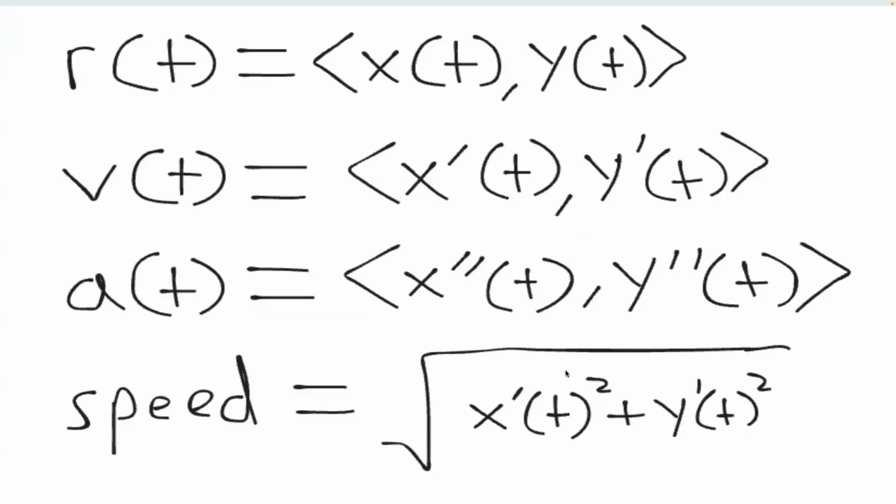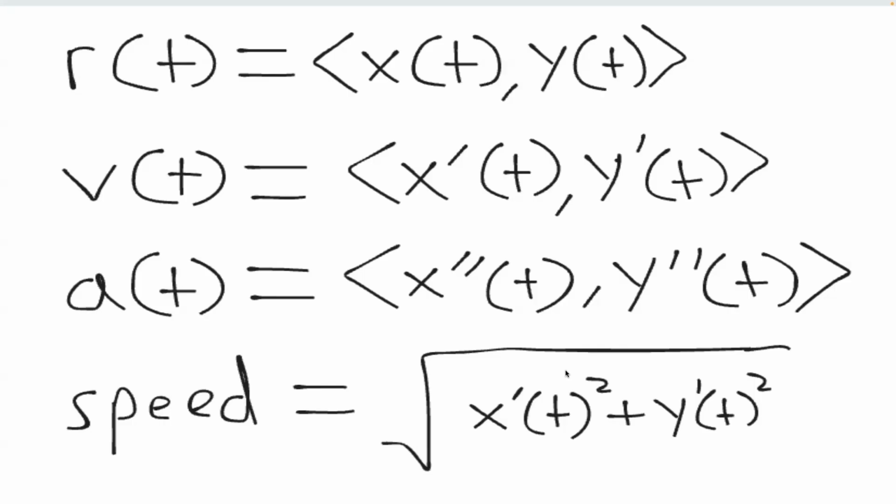And here I have some values for r of t, which can be thought of as position, v of t as velocity, and a of t as acceleration. You already know this from before, but to find the derivative, you can relate each of them. So v of t will be x prime of t, y prime of t. A of t will be x double prime of t, y double prime of t, or v prime of t.